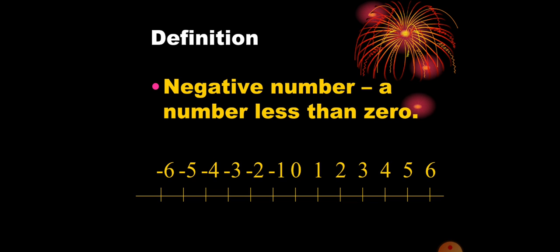When we go left after the zero, it's going to be negative numbers. Again, it's very different between positive and negative numbers. Positive numbers are greater than zero. Negative numbers are less than zero. Okay? Yes, from zero to the left is decreasing.